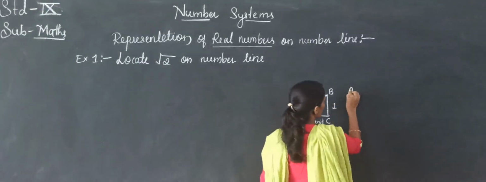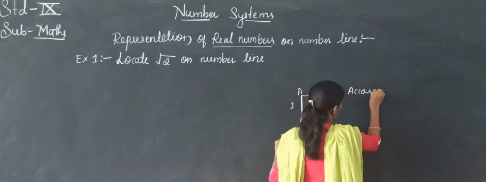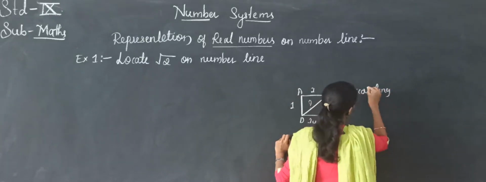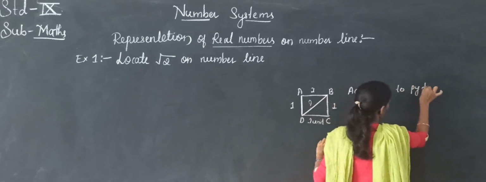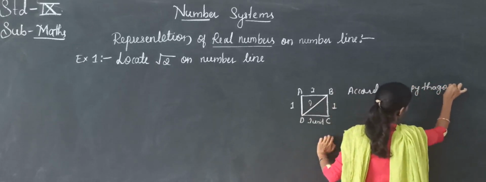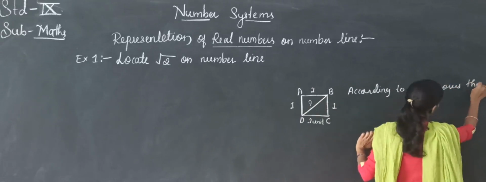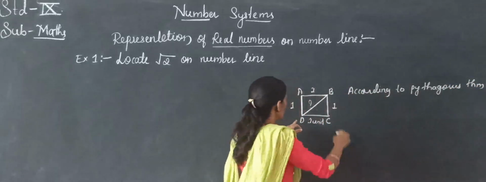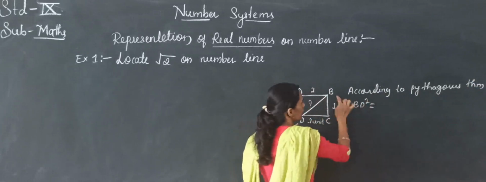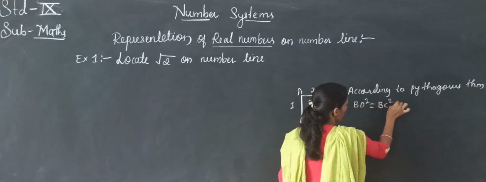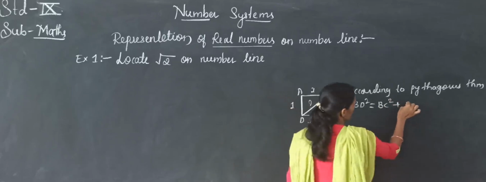According to the Pythagoras theorem, we know that BD square is equal to BC square plus DC square.